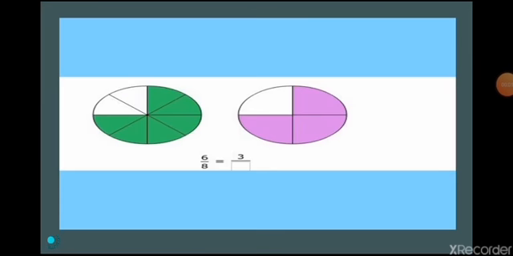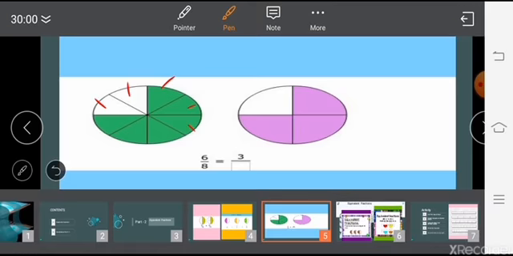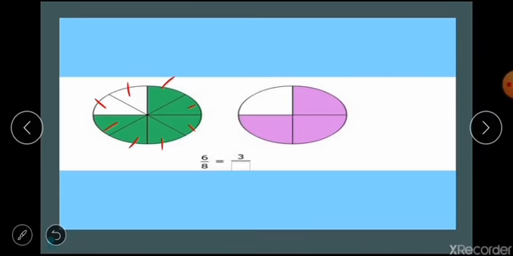And look at this picture, students. Here I draw two circles. In the first circle, there are total parts 1, 2, 3, 4, 5, 6, 7 and 8. And I will write 8 in the denominator. And colored parts are 1, 2, 3, 4, 5 and 6.